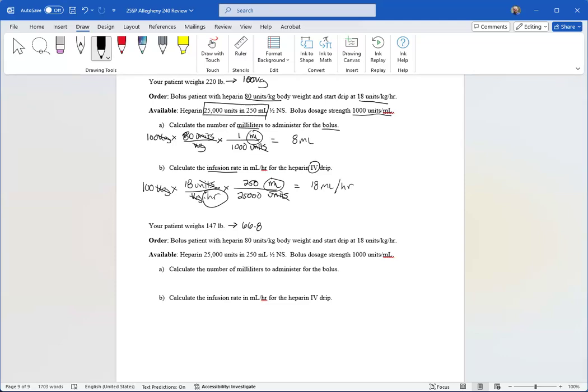So, I'm going to write these out too. The only thing that might change with this is if they were to give you, like, in the full protocol where it gives you the additional steps after the APTT, we get a different time, so the order might be to rebolus the patient with 40 units per kilogram, and then to increase the drip rate by 2 units per kilogram per hour.